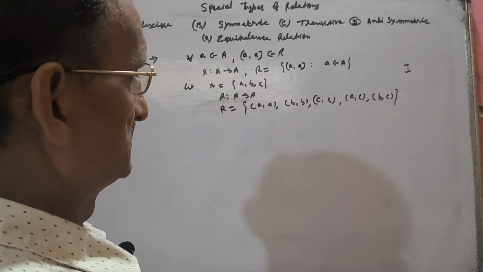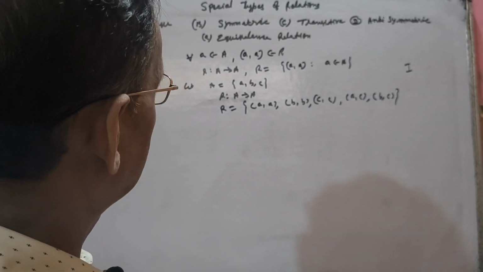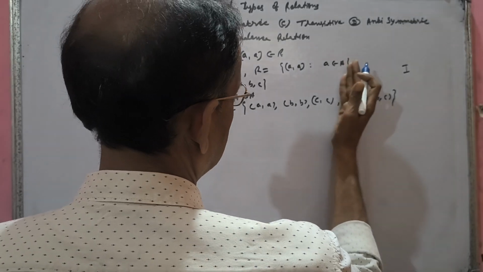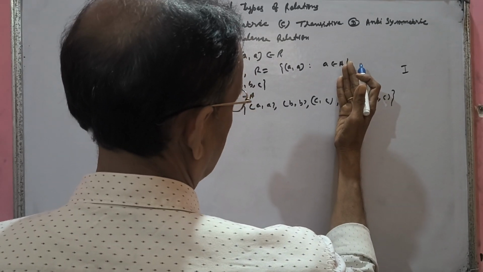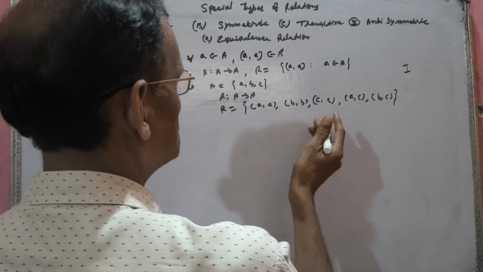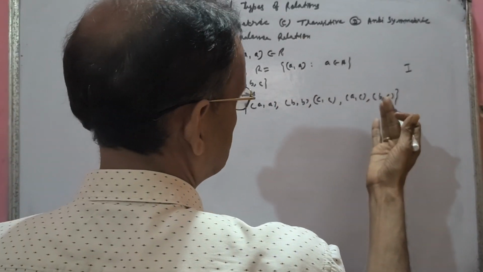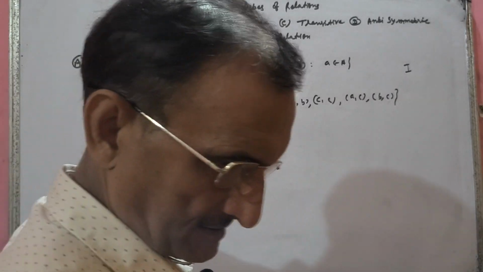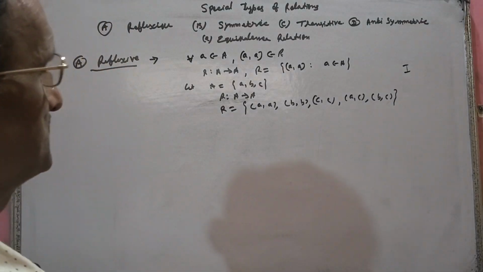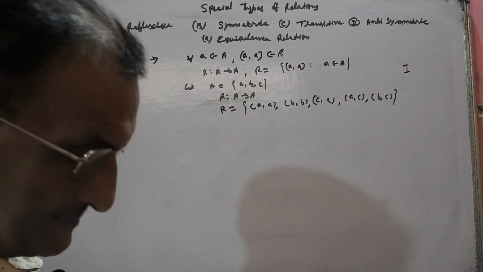You understood the difference between identity relation and reflexive? In identity, we must have this much only, nothing extra. But in a reflexive relation, (a, a), (b, b), (c, c) must be there, and there can be (a, c), (b, c) also. Little bit clear now? Reflexive: every element of A should be related to itself.